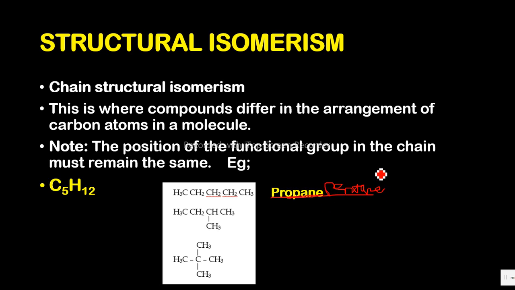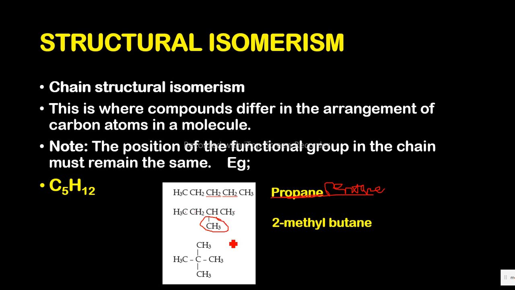So this is N-pentane, because see, 1, 2, 3, 4, 5, there are 5 carbon atoms. That was just a misspelling. Then this one becomes 2-methyl, because the methyl group is on carbon number 2, and then it's 1, 2, 3, 4, so it becomes 2-methyl butane.